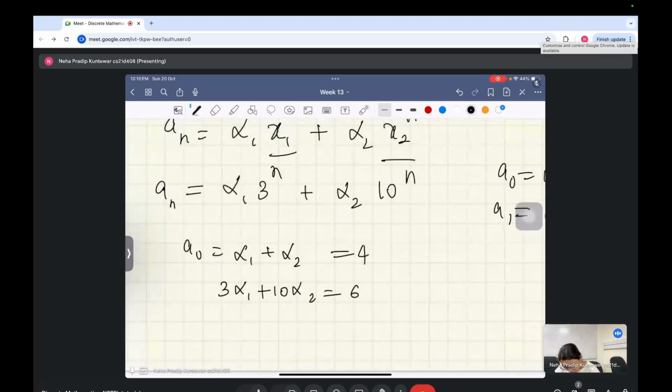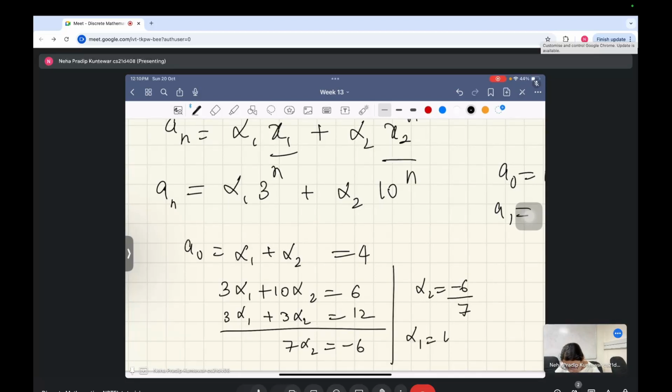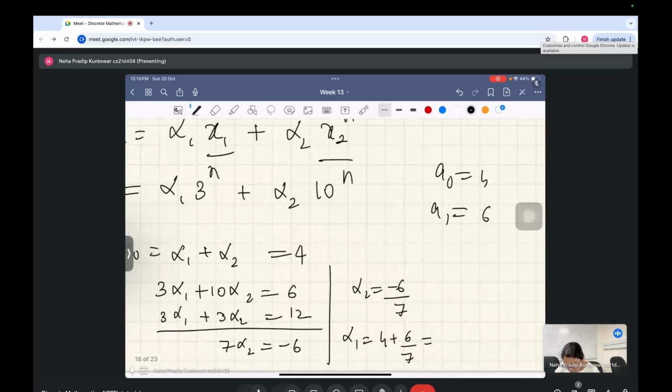So by solving this, you get 3 alpha 1 plus 3 alpha 2 is 12. So 7 alpha 2 is minus 6, and therefore alpha 2 is minus 6 over 7. So that gives alpha 1 is 4 plus 6 over 7, which is 34 over 7.